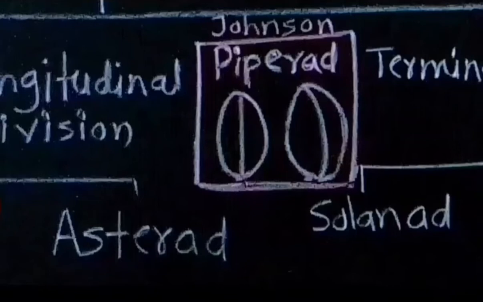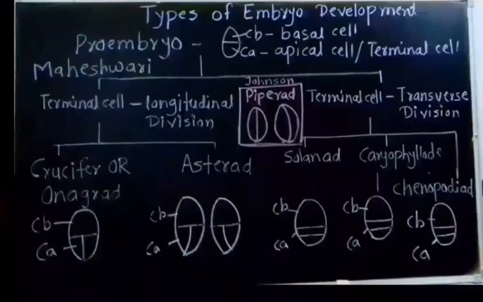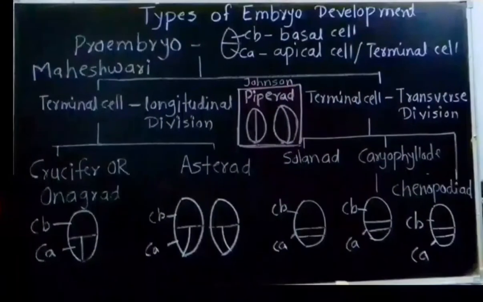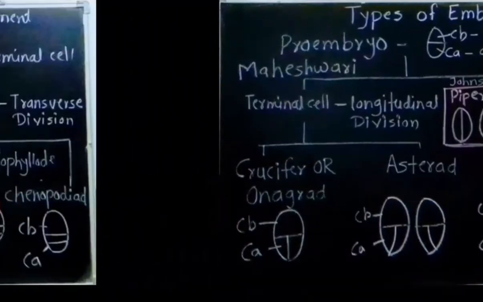So he named this type of embryo the Piperad type, and this is the 6th type of development. So crucifer type, asterad, solanad, caryophyllad and chenopodiad are the 5 major types according to Maheshwari, and by Johansen it is the Piperad. This is the first criterion used by Maheshwari: how the terminal cell divides.